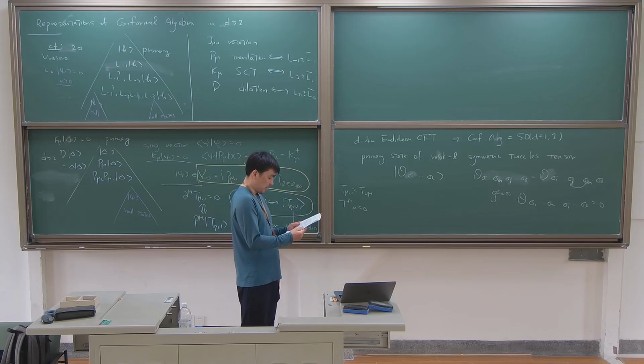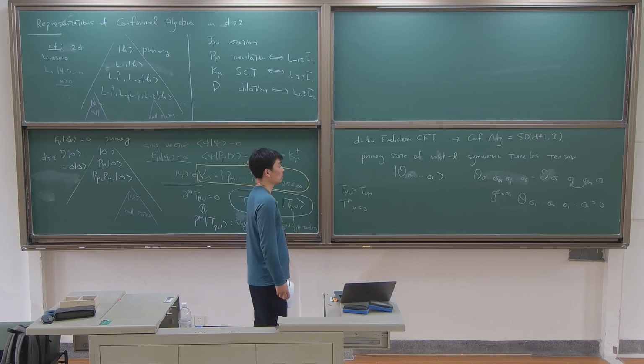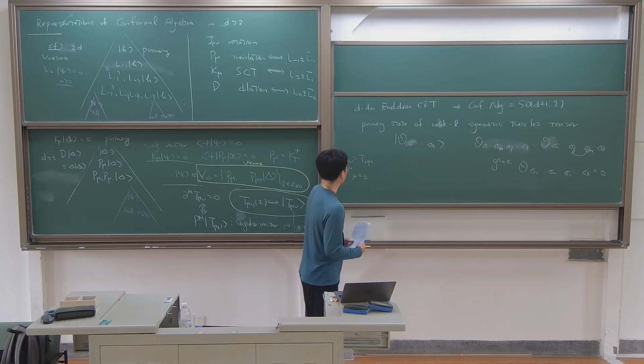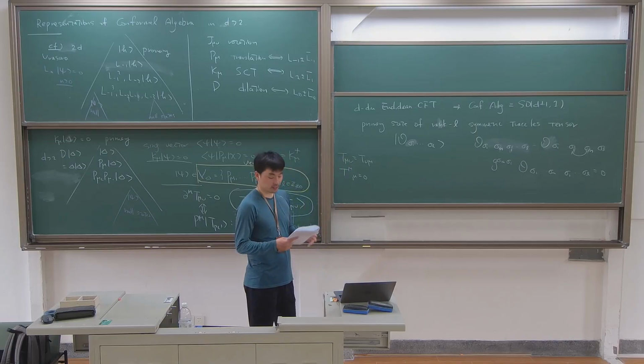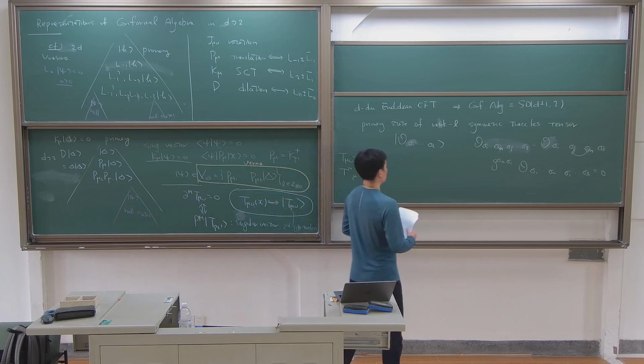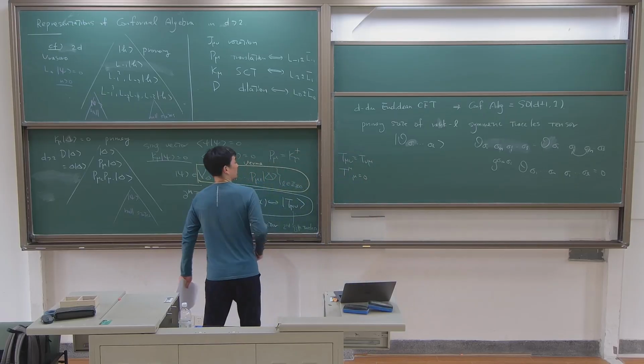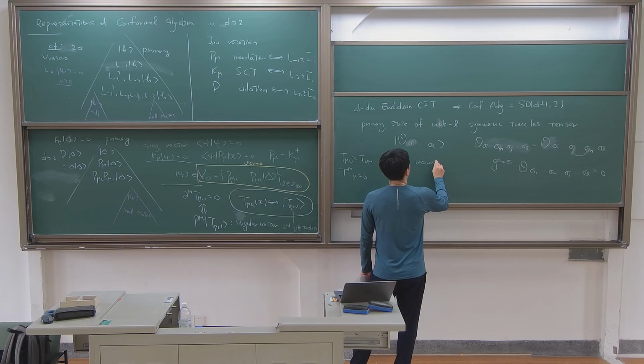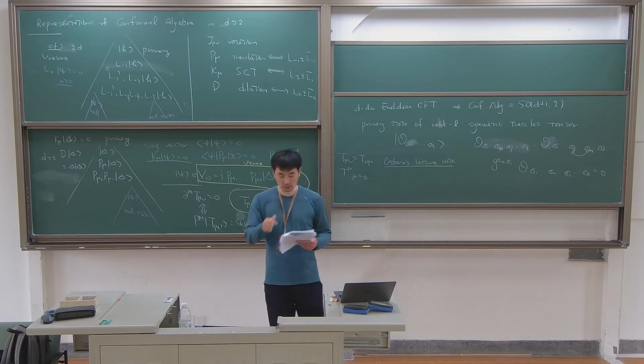There is the state-operator correspondence. If you have T mu nu, the second rank symmetric tensor, you can also have various higher spin ones. For the first part of today's lecture, I just follow the Osborn section I cited in my lecture notes, so it should be okay.